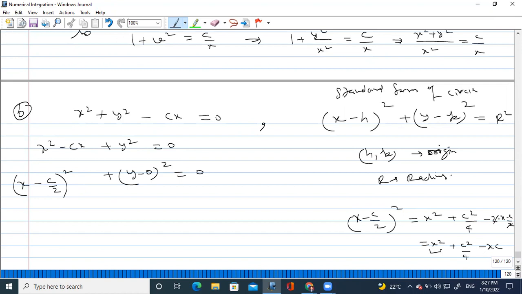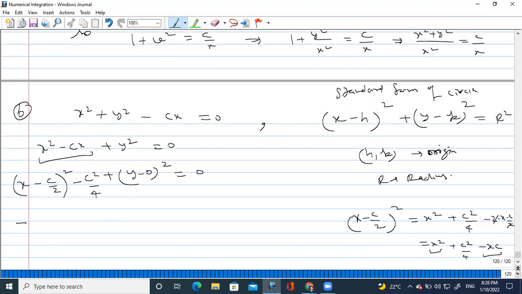So x square minus xc, that is already available. What is not available? c square by 4. That you have taken extra inside that. So for that, minus of c square by 4, again you have to write here, because this term is giving you something extra, so that extra term I have to subtract.